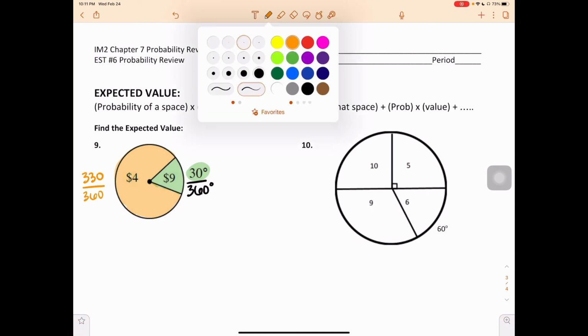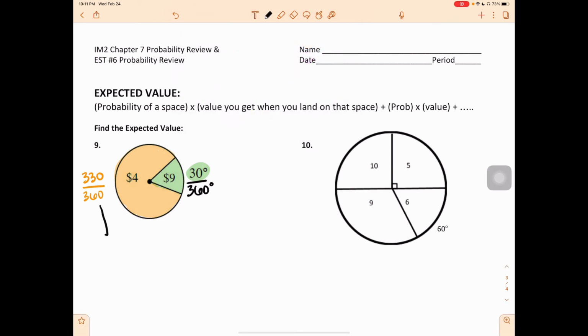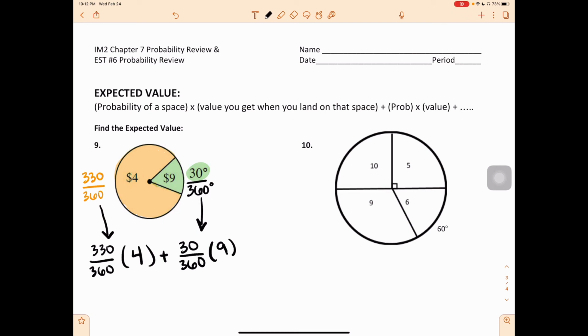To find the expected value, you take that fraction. The fraction here is 330 out of 360, and you multiply it by the value of that section, which is $4. Then we add it to the other fraction multiplied by the value of that section, which in this case was $9 worth.